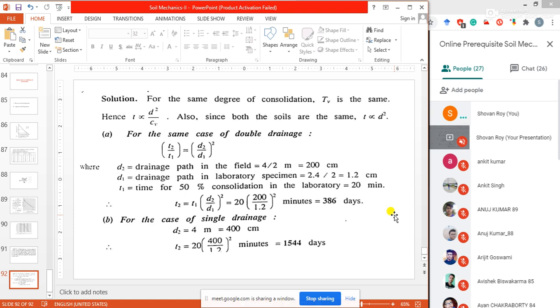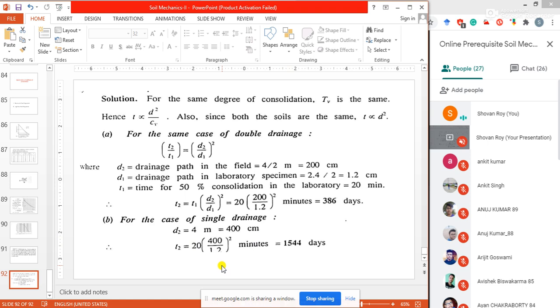And next question, for the case of single drainage, just the D2 value changes. D2 value in the field was 4 meter. Due to double drainage we divided by 2, but for single drainage we should take the same depth, which is actual in the field, that is 4 meter. 4 meter equals 400 centimeter.